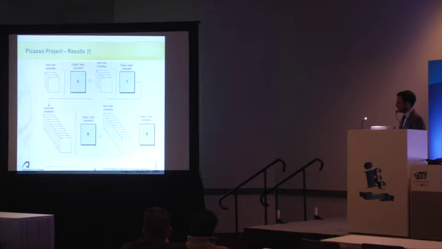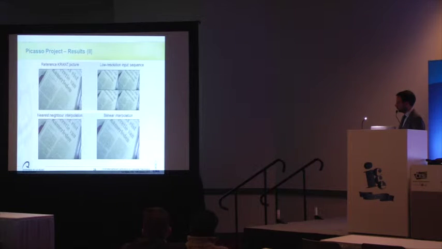And then what we did is apply several tests with a different number of frames and compare with the interpolation. This is a reference picture, and these are the low resolution input sequence, and we compare with interpolation, bilinear and nearest neighbor. Okay?